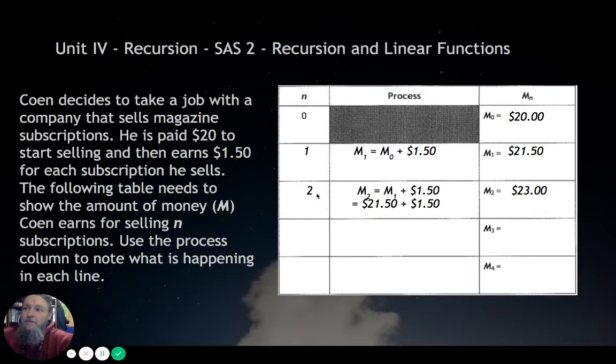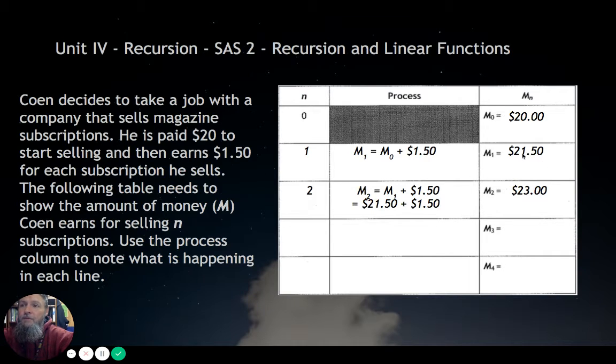When N becomes 2, M subscript 2 equals, if you remember the formula, M subscript N equals M subscript N minus 1 plus D. D here is the common difference. That's how much he makes every time he sells a subscription. And M0 is the initial amount of money he earns. So M subscript 2 equals M subscript 1 plus $1.50.